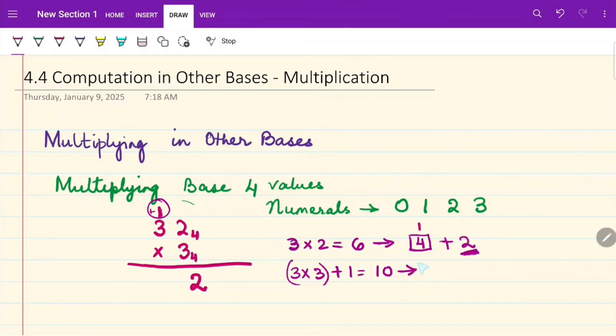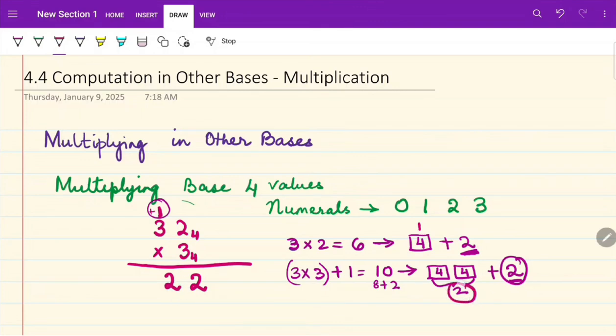Again, 10 does not exist in the numeral system. Therefore, we have to start creating bundles. Now, 10 would have 2 bundles of 4, correct? Because 10 can be written as 8 plus 2. So it's 2 bundles plus 2. The remaining is 2. We cannot bundle that up. So this 2 here is to be written as the next digit to the left.